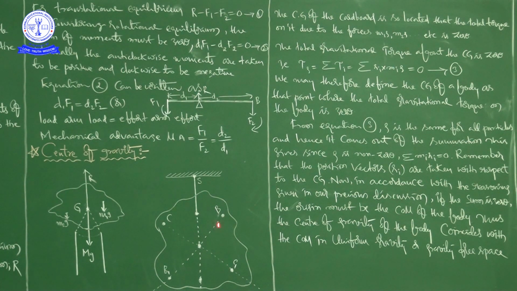Afterwards, you suspend the body from B and do the same thing, getting B1. Then you suspend the same body at C and repeat the process to get C1.